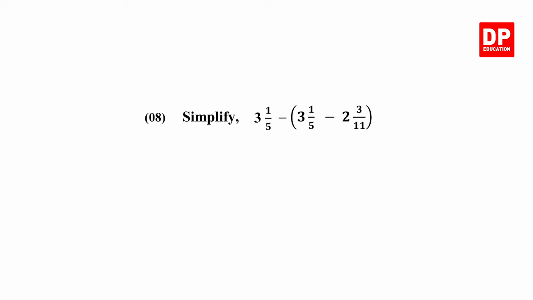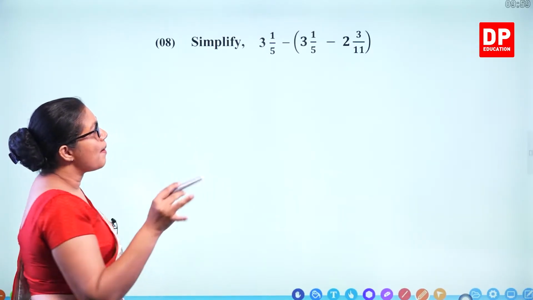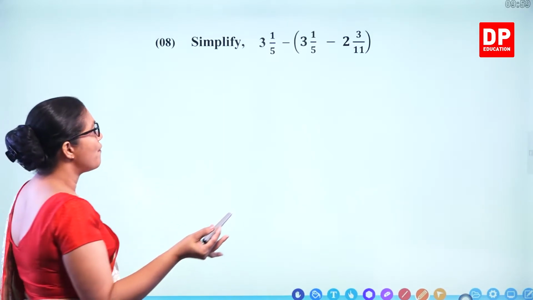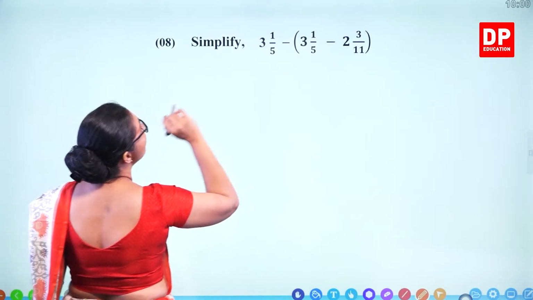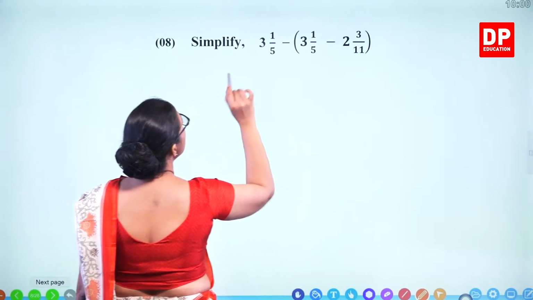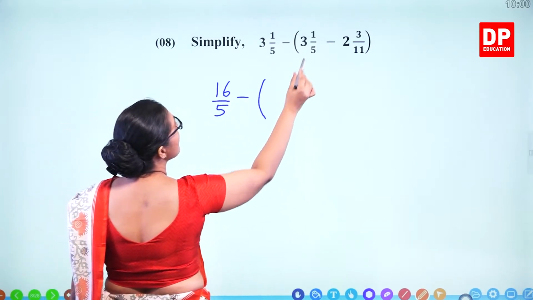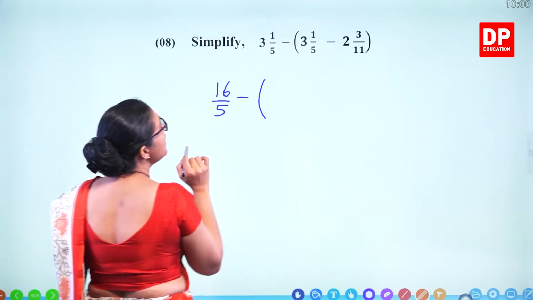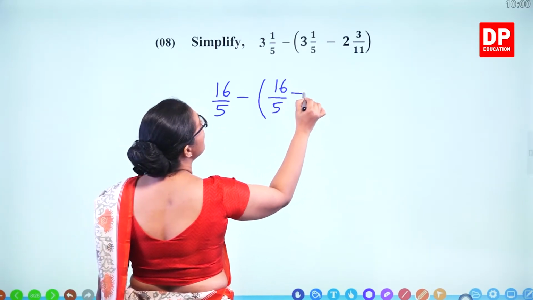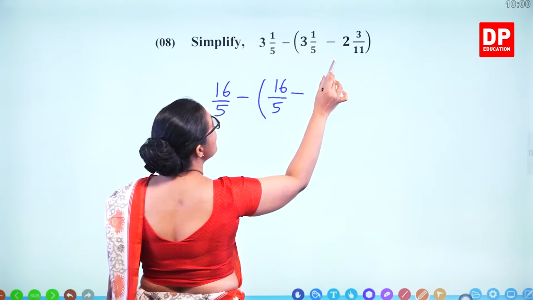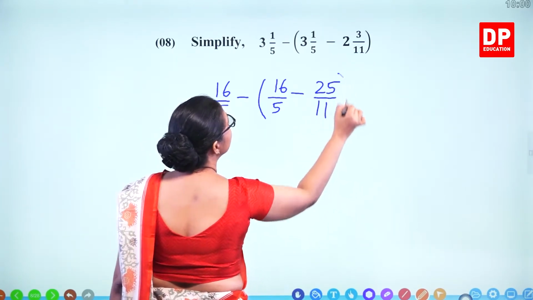Question number 8. Simplify. So first thing, all mixed numbers you can convert to improper fractions. 5 times 3, 15. 15 plus 1, 16/5. And here 22 plus 3, 25/11.